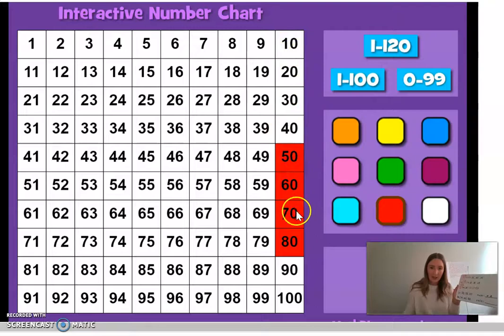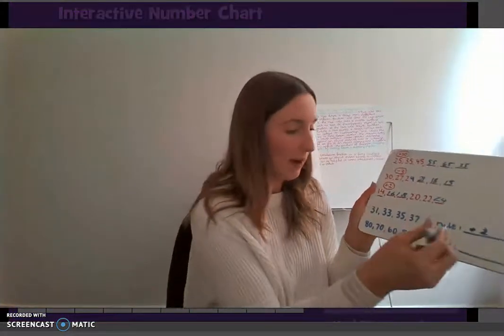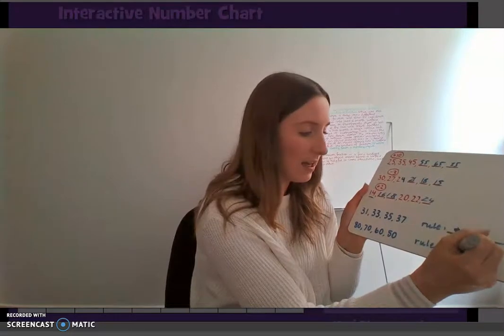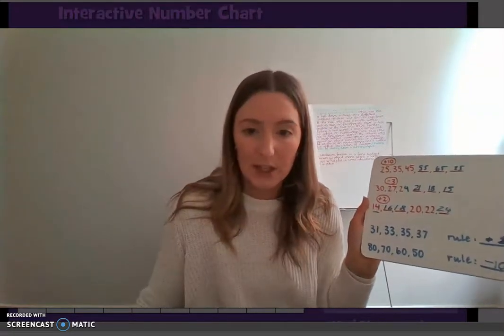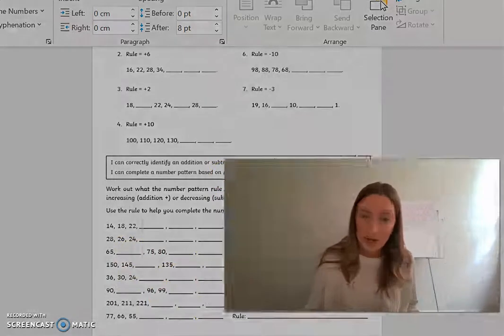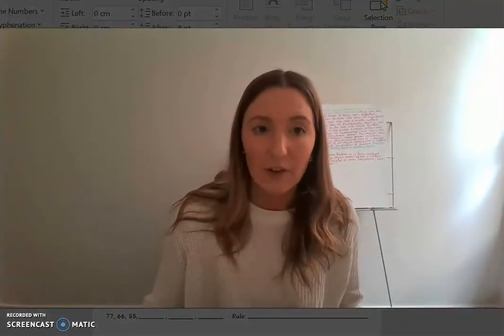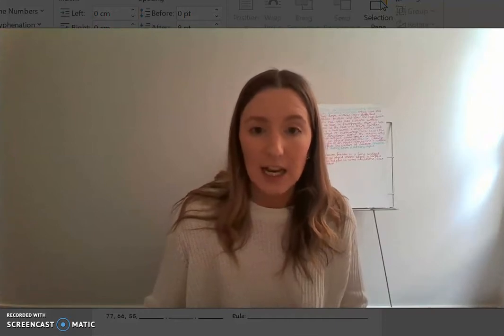Now I know when I count downwards this way, that's adding 10 each time, but I'm counting backwards, so I must be taking away 10. So I can write my rule there as take away 10. And then on your sheet though, you are going to need to fill in the missing numbers to finish the pattern. So that's your activity today. Finding the rule and following the rule to continue number patterns.